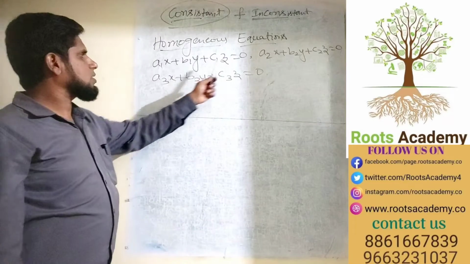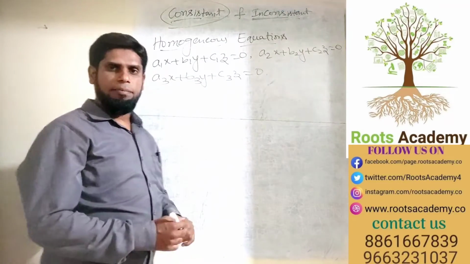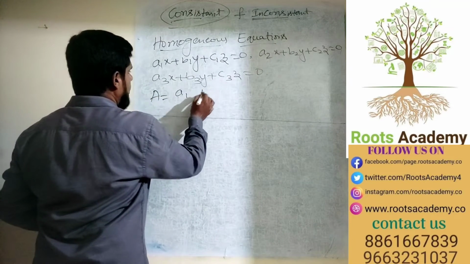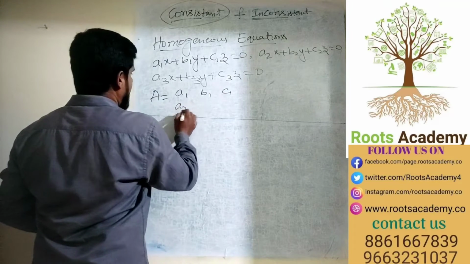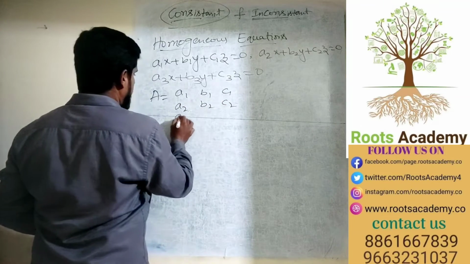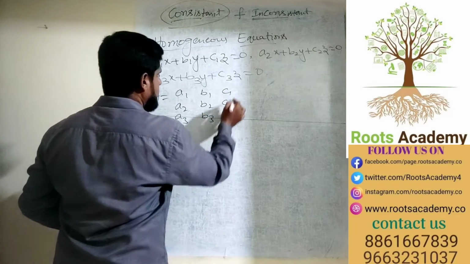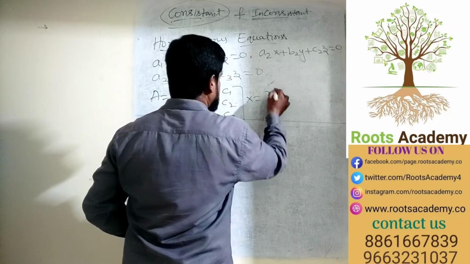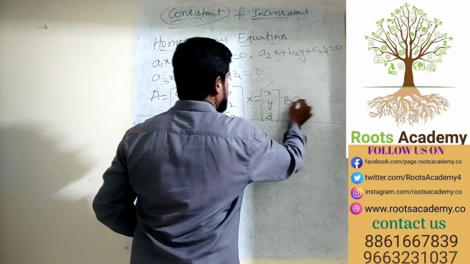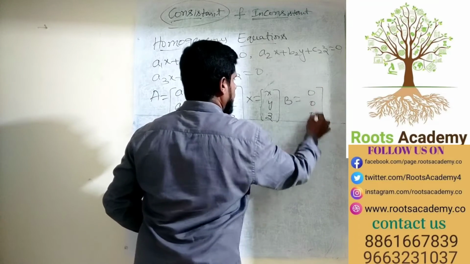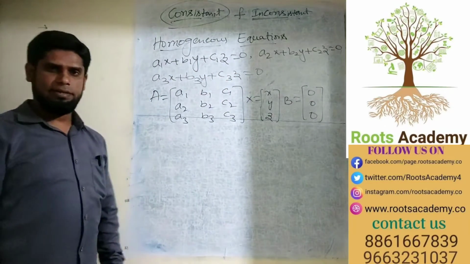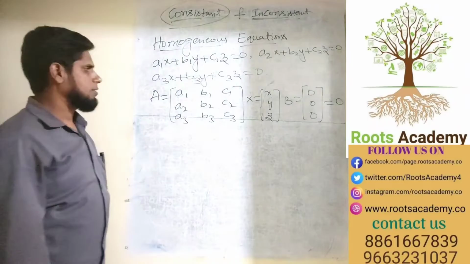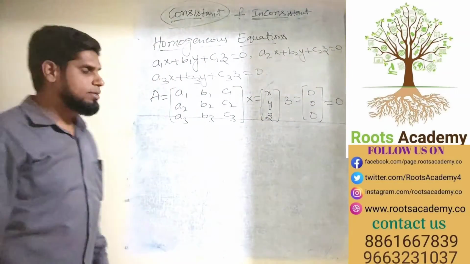So student, if I express these three equations in matrix form, I can express like this: A equals a1, b1, c1, a2, b2, c2, a3, b3, c3. Now X equals x, y, z, and B equals 0, 0, 0. Our B is a null matrix, because all the elements are 0 here.